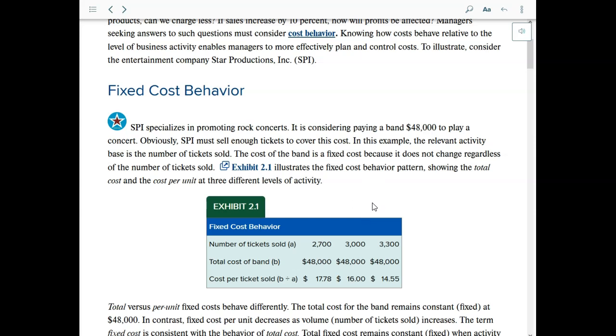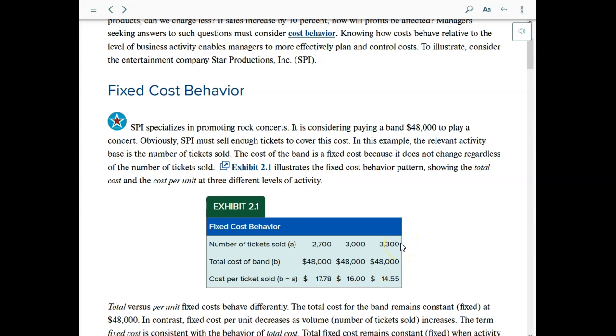Here, the level of activity will be the number of tickets sold. So whether we are going to sell 2,700 tickets, 3,000 tickets, or 3,300 tickets, we will pay the band the same amount of money no matter what, $48,000. So this is a true fixed cost. The total cost does not change with level of activity.